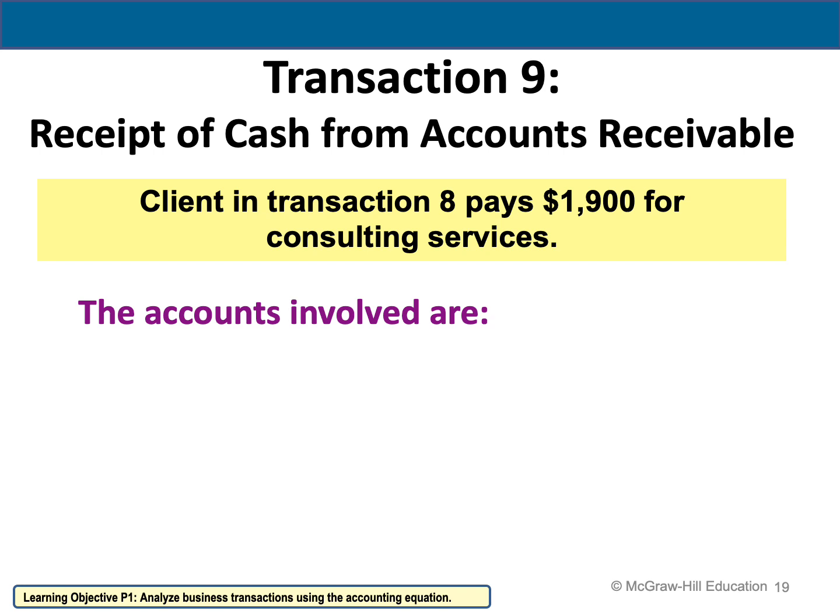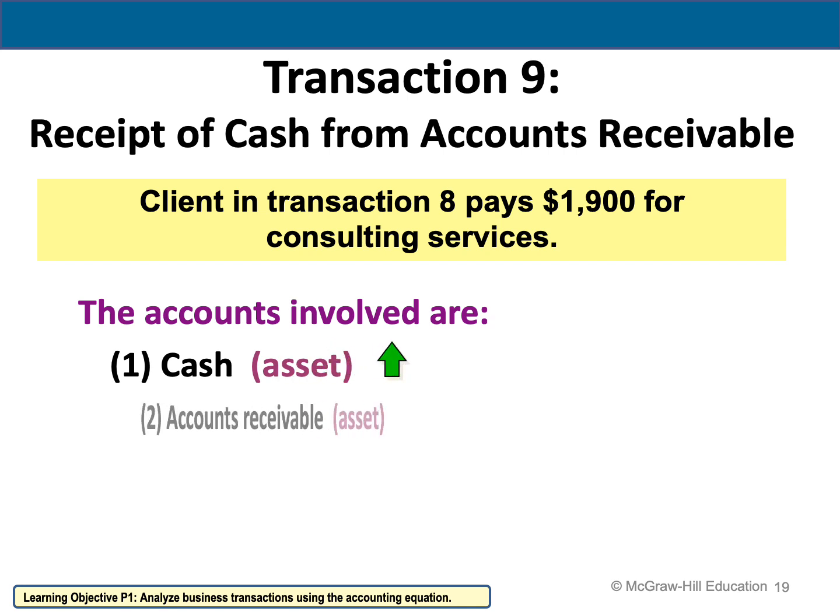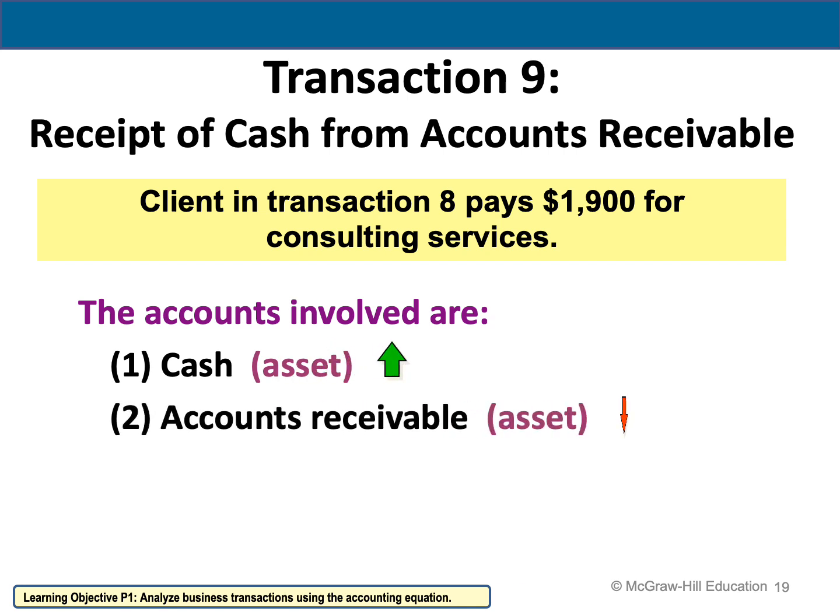But now in transaction 9, the client came back to me and paid me 1,900. So how am I going to record the transaction? Because the customer just paid me the money, my cash is going to increase, and cash is an asset, and my accounts receivable will decrease, and it's an asset. Why is my accounts receivable decreased?